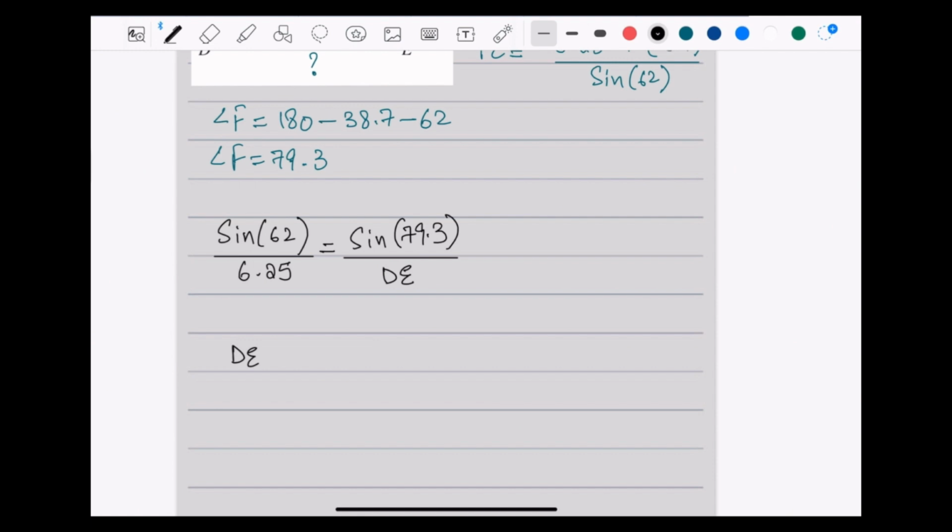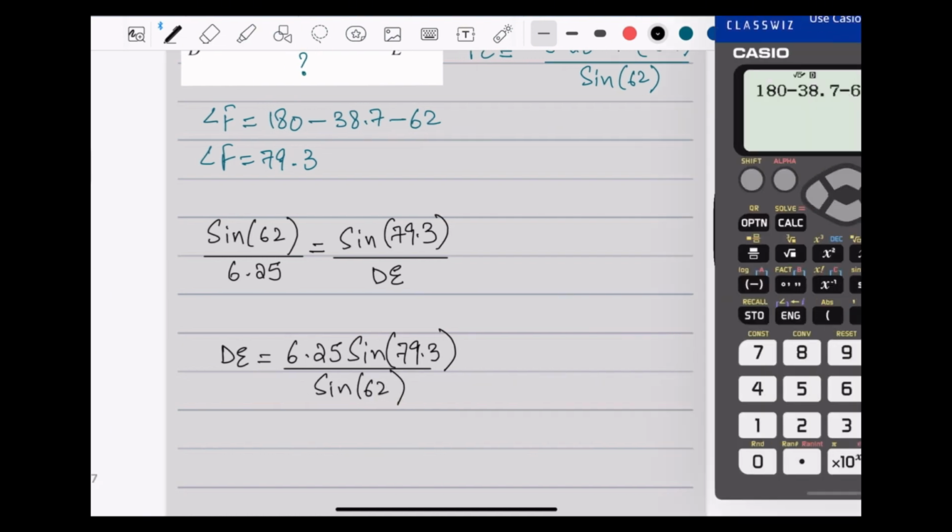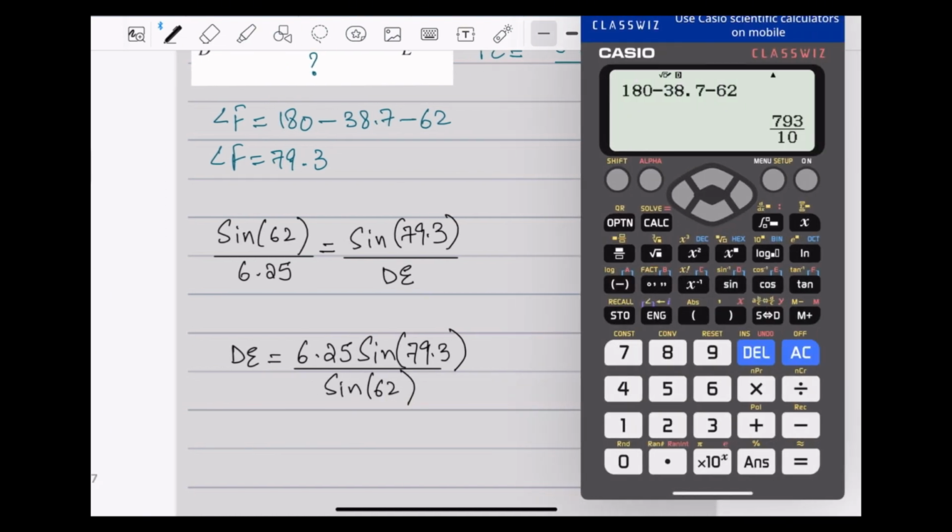And dE is 6.25 sine of 79.3 over sine of 62. So dE is going to be 7.